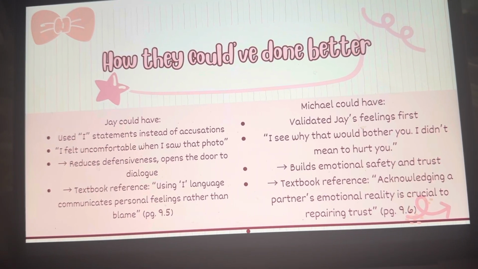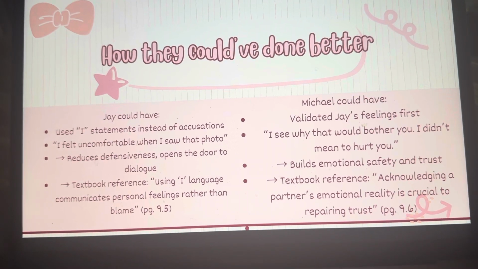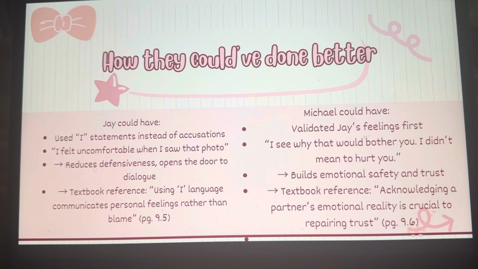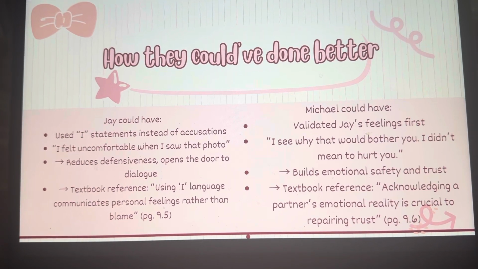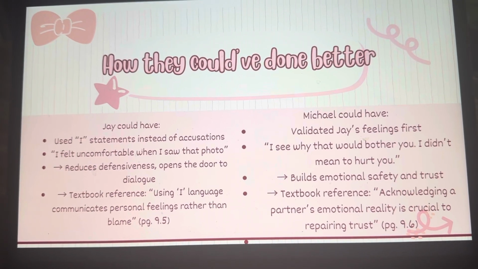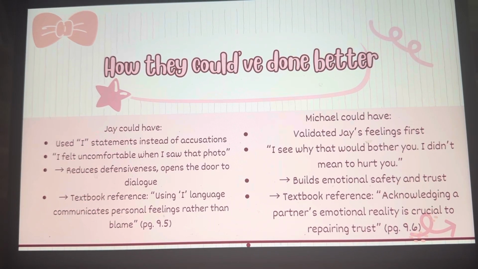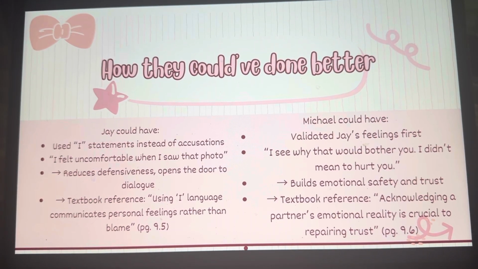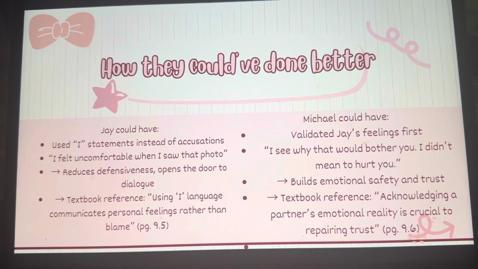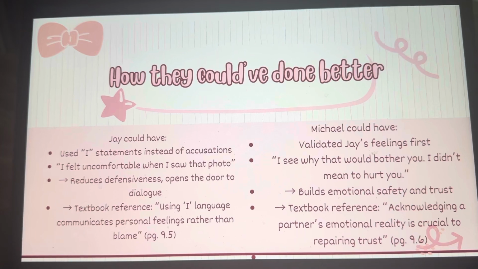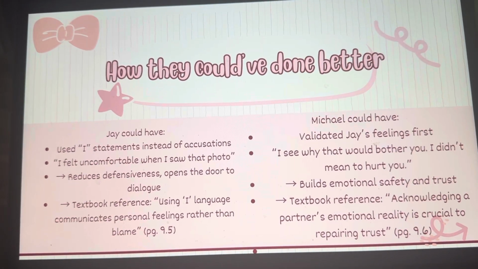Michael could have validated Jay's feelings more because he was just so dismissive towards her. He could have said things like, I see why that could have bothered you. I didn't mean to hurt you. That would have built emotional safety and trust between the two, so that there isn't that sense of, oh my God, my husband is cheating on me for Jay.